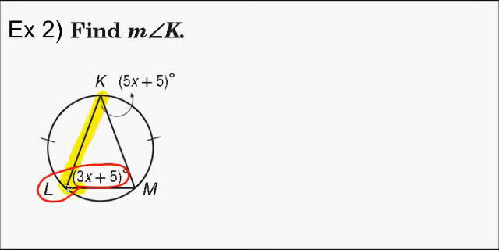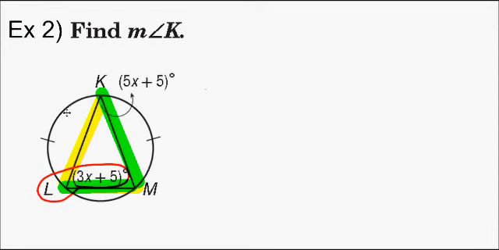Arc KM is the intercepted arc for angle KLM. And arc KL is the intercepted arc for angle KML. Okay, so those are the two base angles of my triangle.